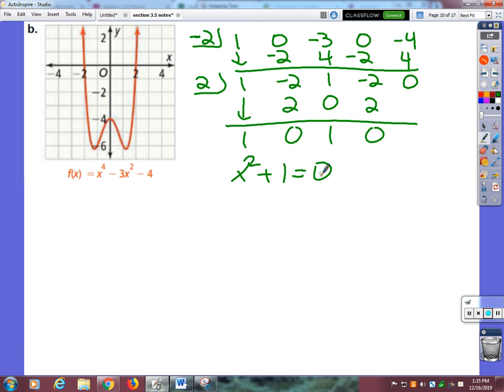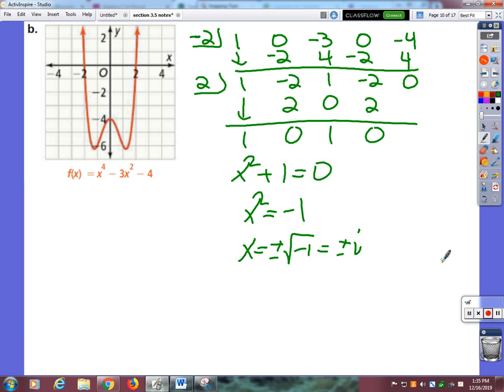Math magic, yeah. What math magic do I use to solve this? Algebra. Minus 1 from both sides, so x squared equals -1, and then square root both sides. So x equals plus or minus the square root of -1, but you know the square root of -1 is i, so x equals plus or minus i, okay?